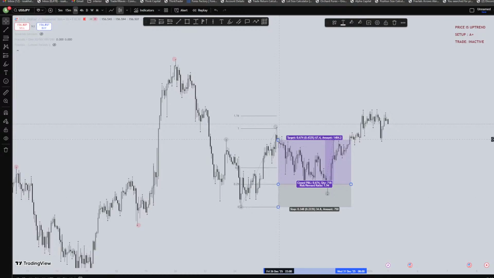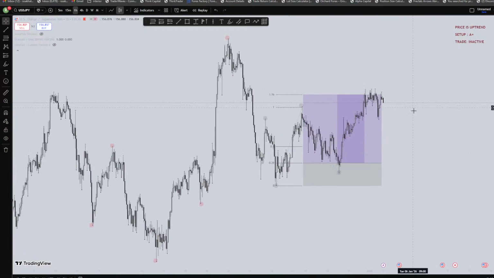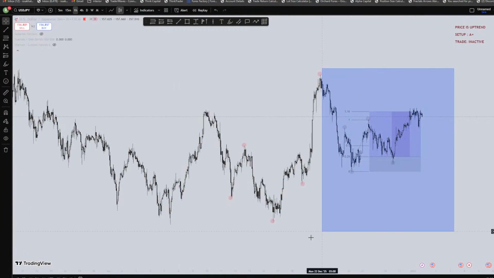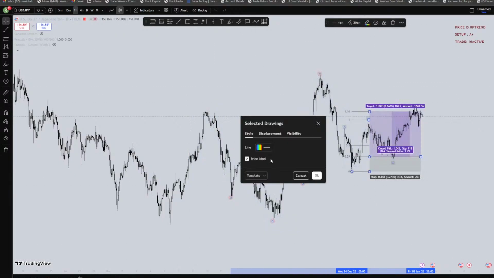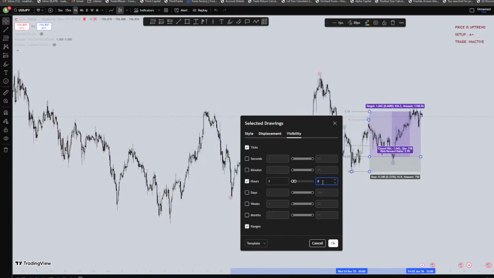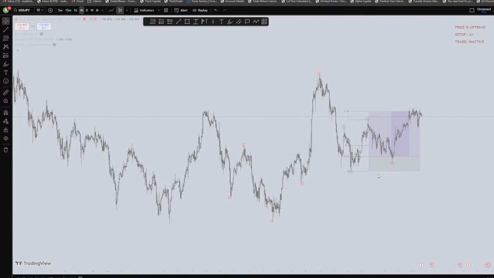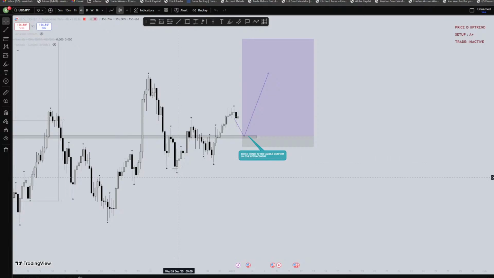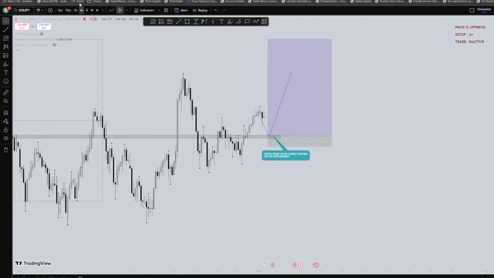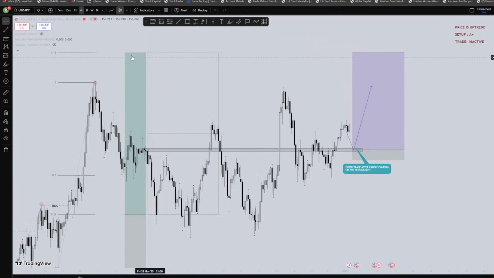If you were to take the opportunity right there and put this on the right time frame, you can see how it's this move right here. You would have been able to ride it all the way through.